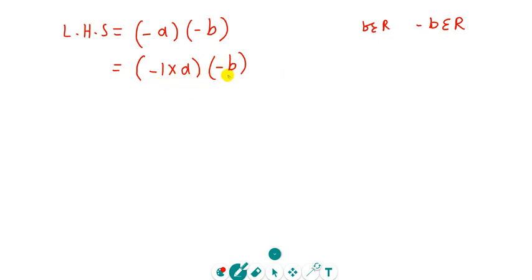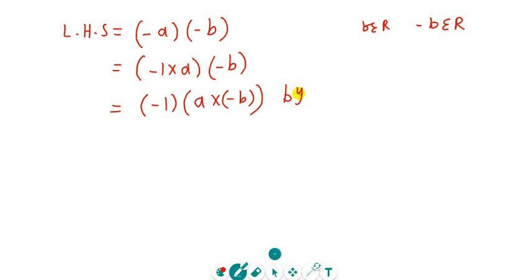So we have three real numbers, and now we can write by associative property minus 1 into a into minus b whole.